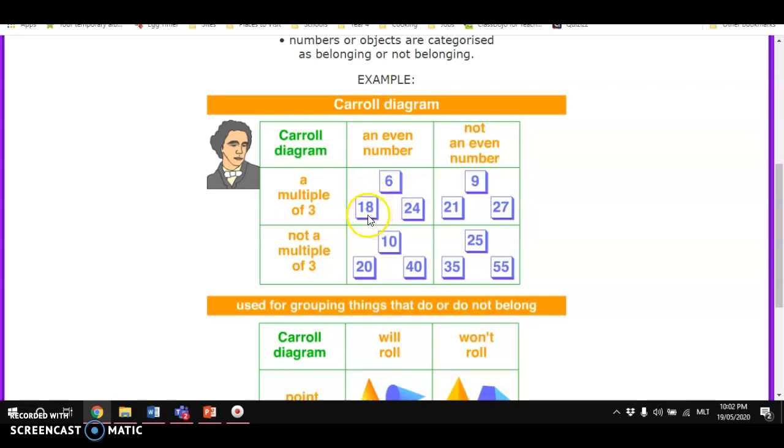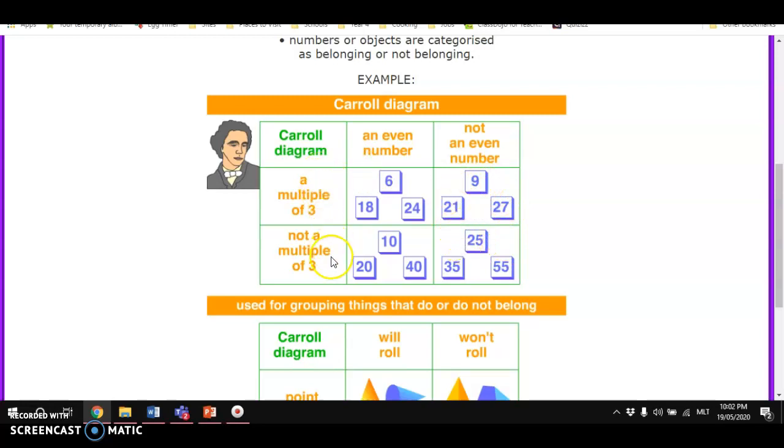We always look at the number at the end, okay? It is an even number. 24, yes. 10, yes. 40 and 20, yes. What about these? Are they all odd numbers? Because if it's not even, it has to be an odd number. And I must say, they are all odd numbers.